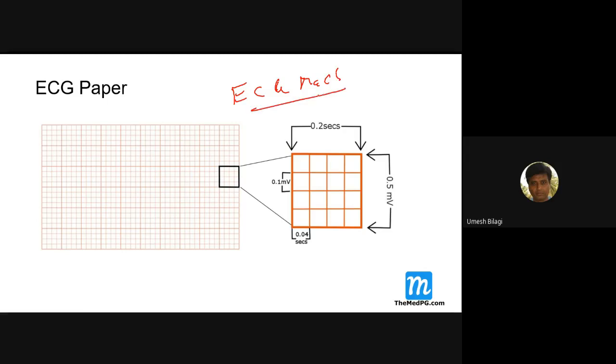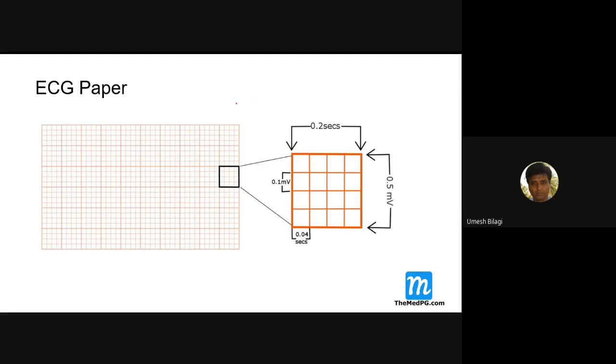is by default set to run with a certain speed and to record a voltage with a certain height. You are getting me? These things can be varied.